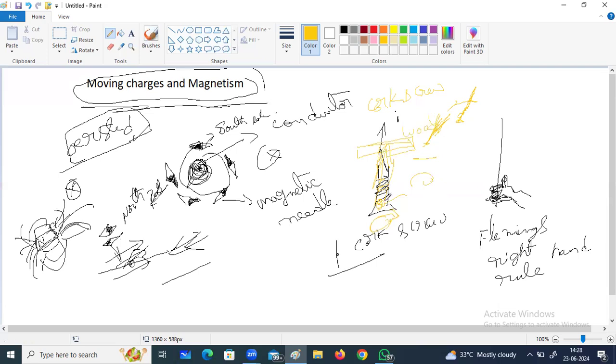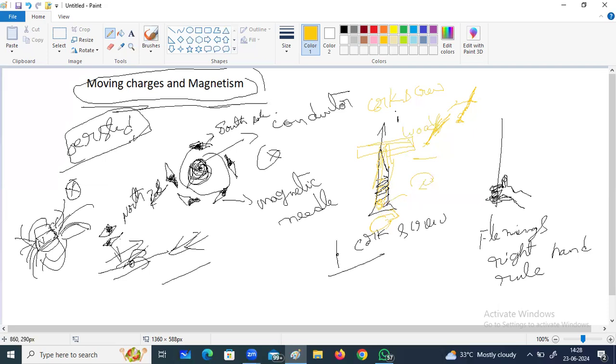If you want to fix this nail into the wood, in which direction do we turn it? In a clockwise direction.